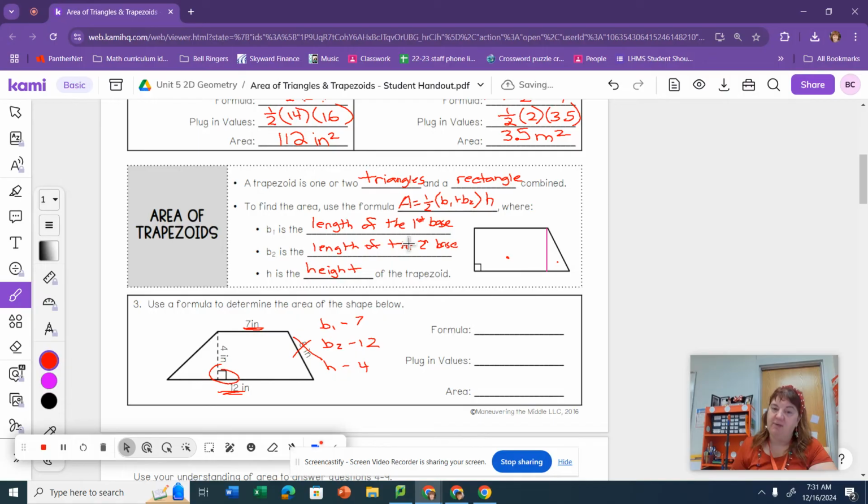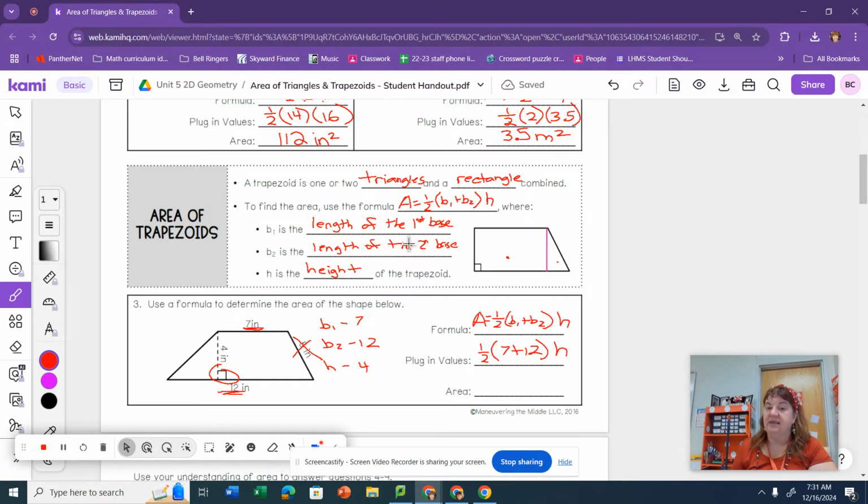So then my formula, remember my formula, we always want to write the formula. My formula is 1/2 of B1 plus B2 times the height. So now let's plug in the points. 1/2 of 7 plus 12 times the height.